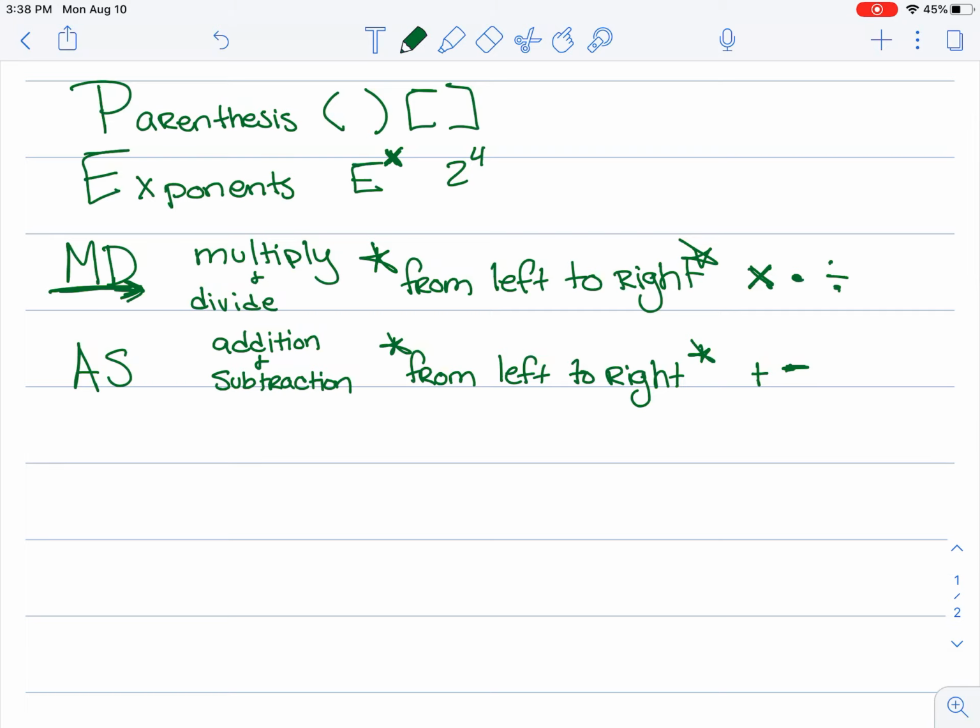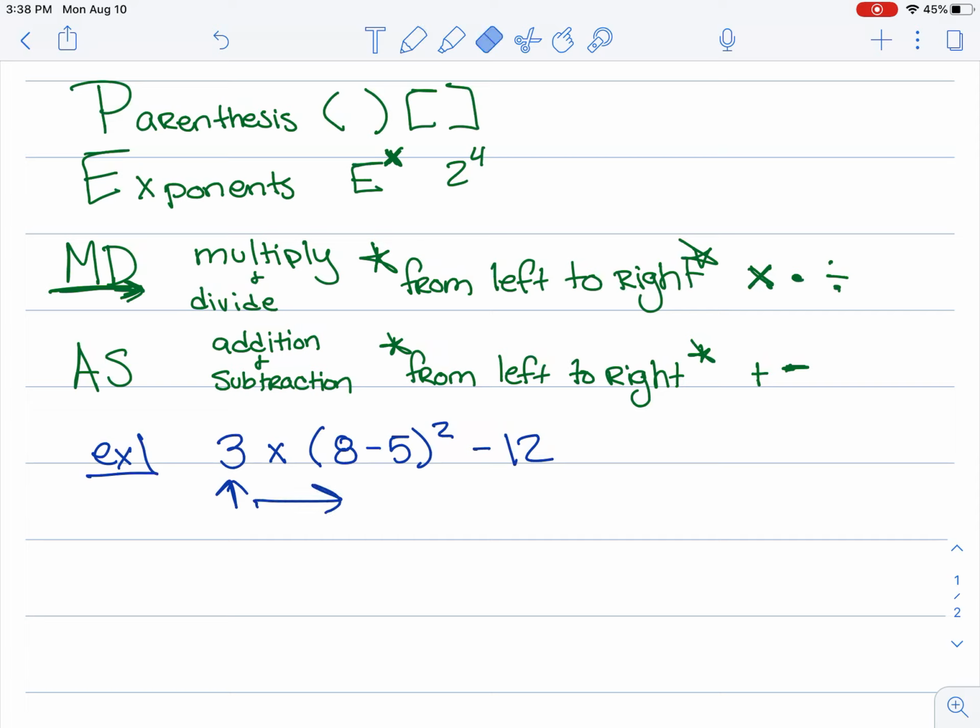So I have an example for you. My example is 3 times (8 minus 5) squared minus 12. So if I gave you this big, gross thing, a lot of people's first intention is to start with the 3 because we read from left to right.